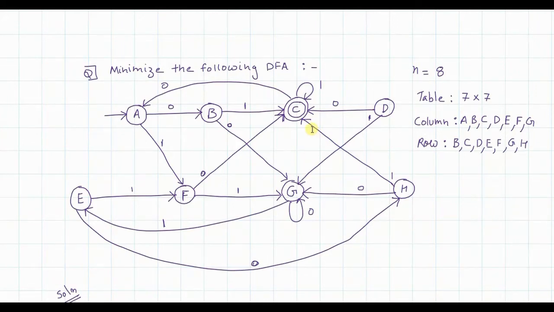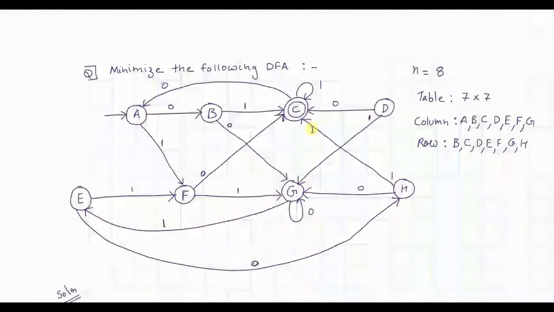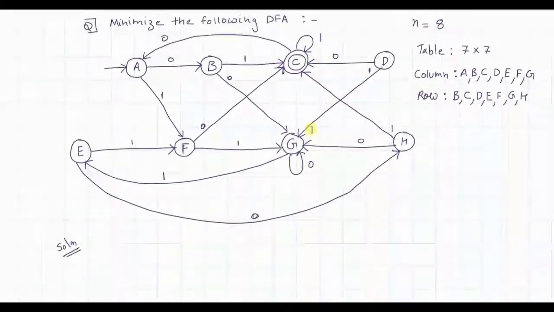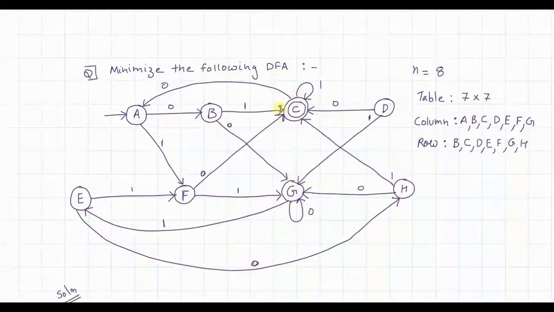Meaning that we have found the basic distinguishable pairs. Whichever cells have C as one element and any other state as the second element will be marked with X. Why? Because C is a final state and all others are non-final states.